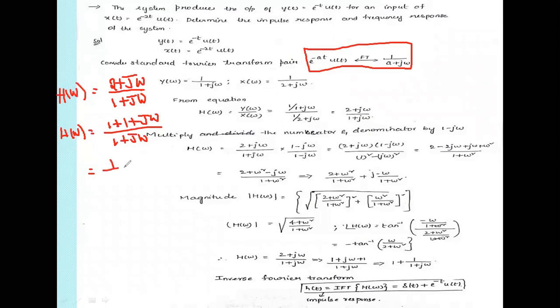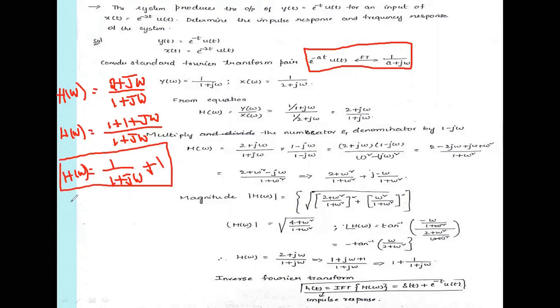That is equal to 1 plus 1 by 1 plus j omega. Why is it a plus 1? Because 1 plus j omega by 1 plus j omega is 1. So we got the frequency response h of omega, 1 plus 1 by 1 plus j omega.